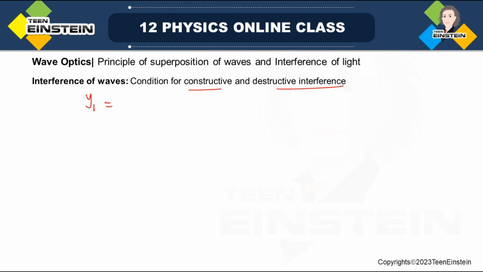One is y1 equals a1 sine omega t, where a1 is the amplitude of the first wave and this is the displacement term. The second wave produces displacement y2 at a particular position. It has amplitude a2 and some phase difference: a2 sine (omega t plus phi).